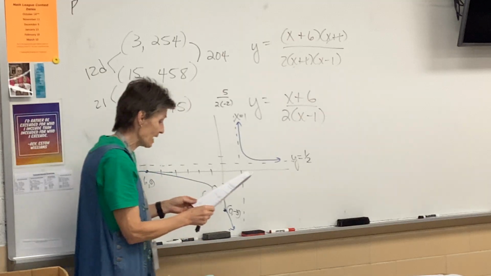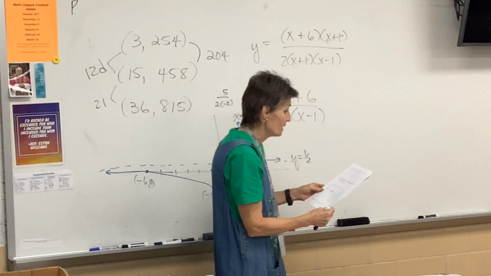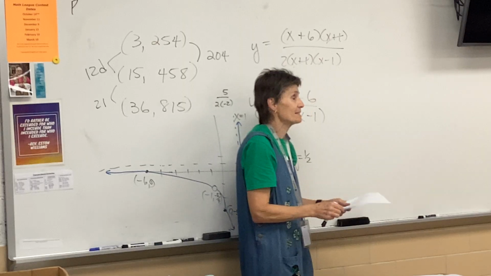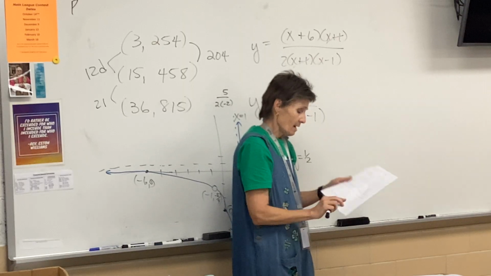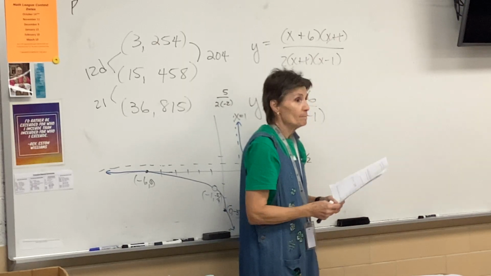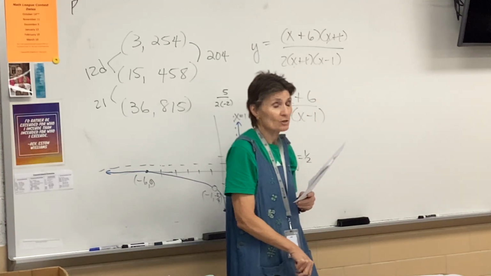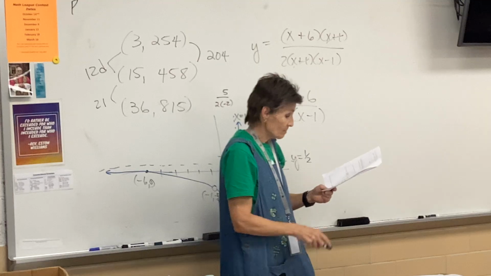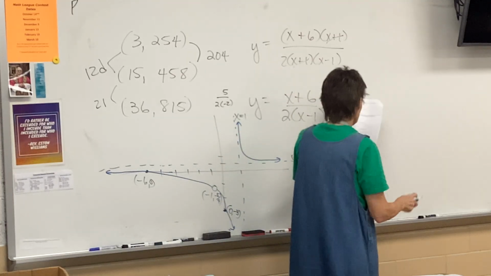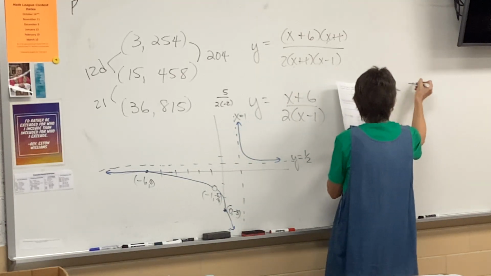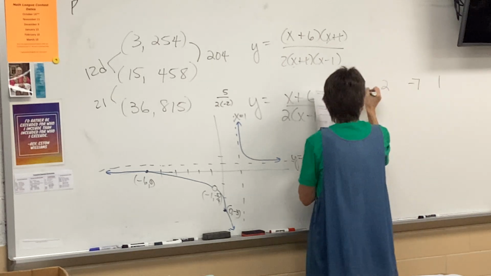Number 10 says, what's the end behavior asymptote of this? Well, the end behavior asymptote of this is not going to be horizontal, because as Charlie said, the exponents don't match, the powers don't match. So it's going to be a slant, and how do we find it? Do our division.